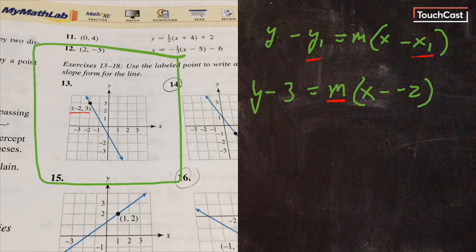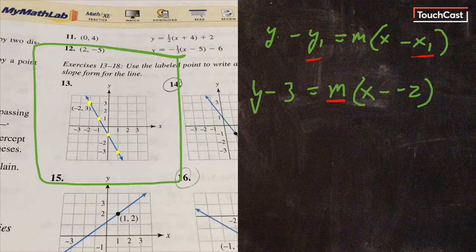If we look on this line, we have this point right here, and then we can look for another point that crosses through at a nice clean number. We could use this point, or this point, or even this point. The ones in between are more difficult to estimate, so we're going to pick ones that fall on whole numbers on the graph.